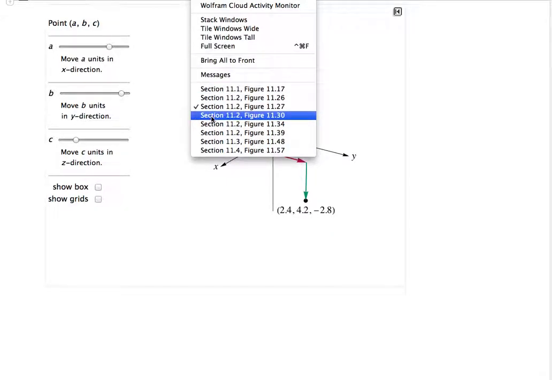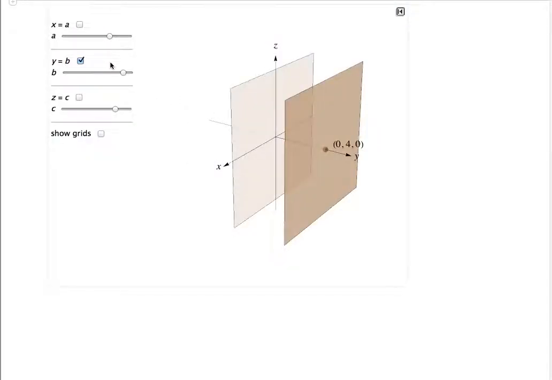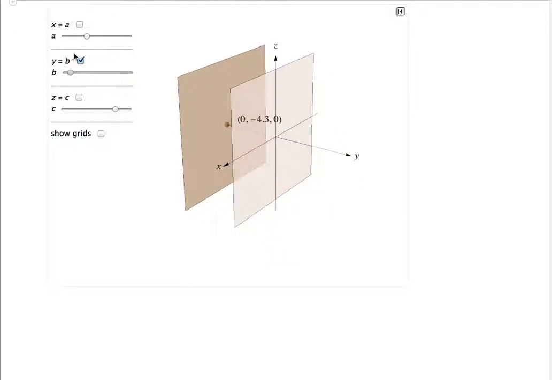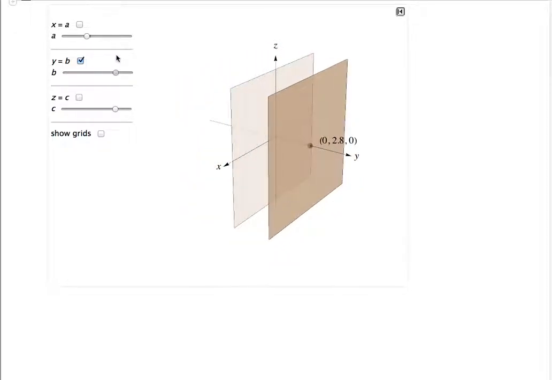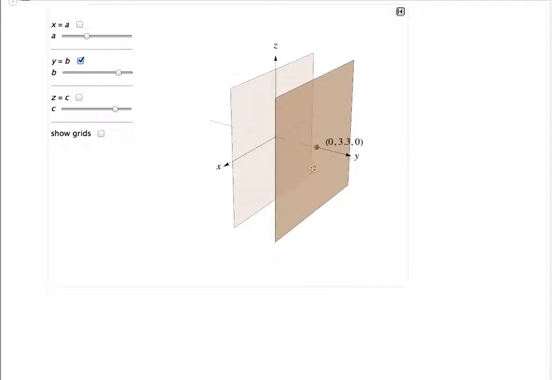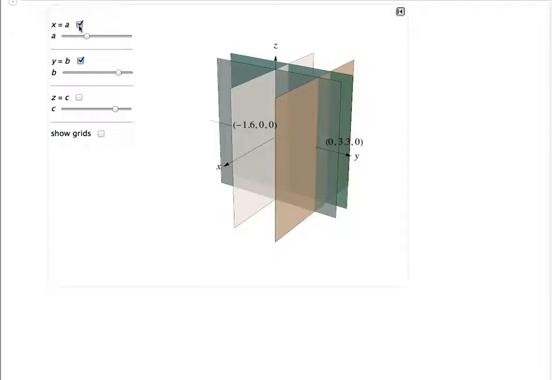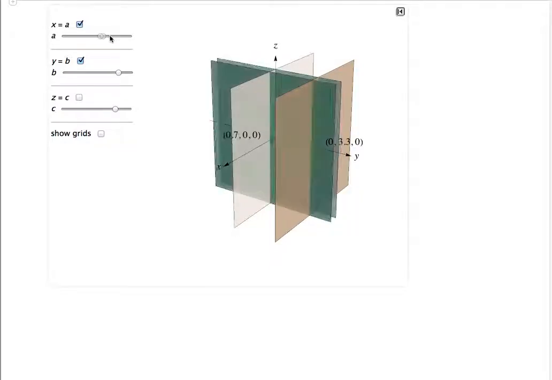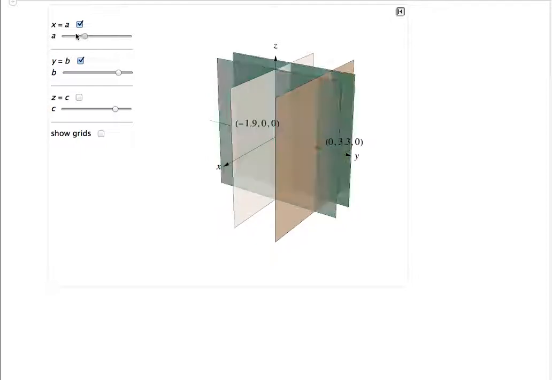Now let's talk about planes and move that value back and forth. I'm only changing b here, so as I go back and forth, I can define a whole plane. You can see that the only component that's changing is the second component, the y component. And if I now move an x-plane back and forth, it's a little hard to see, so let me get it right on there.